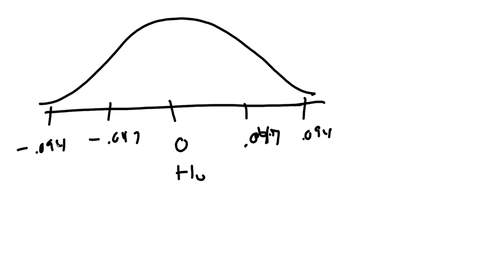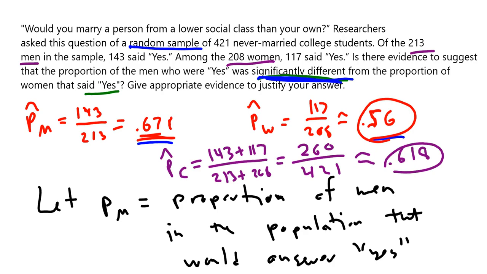The only thing left to do now is mark off what's our actual difference in proportions. What is p hat sub men minus p hat sub women for this problem? Well, right at the very beginning, one of the first things we did, I'll highlight it here for you, we found p hat sub men to be 0.67, and p hat sub women to be 0.56.